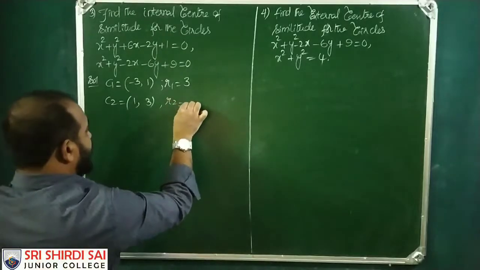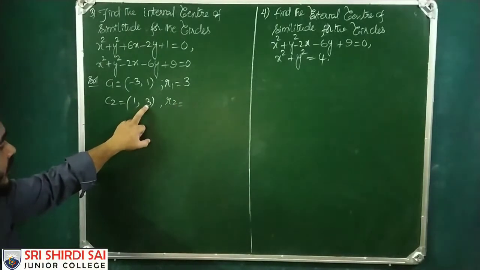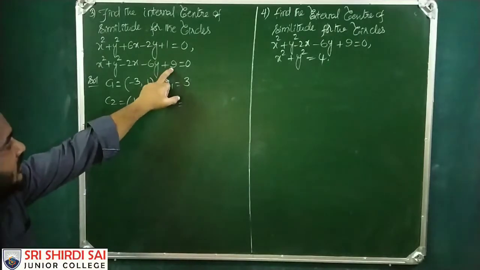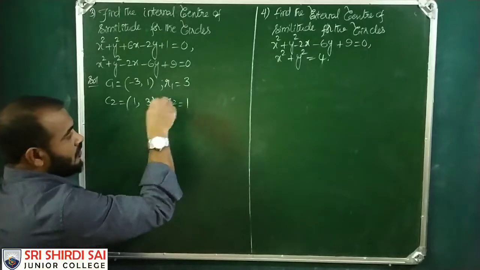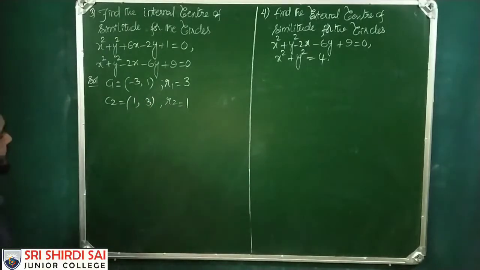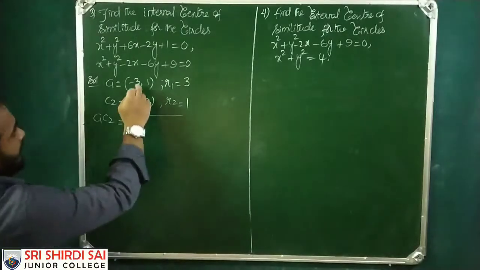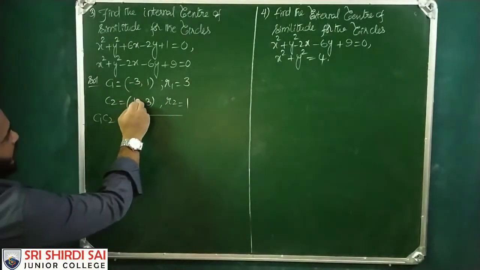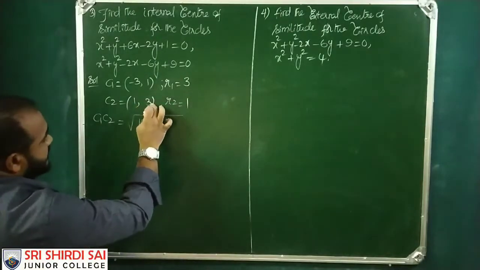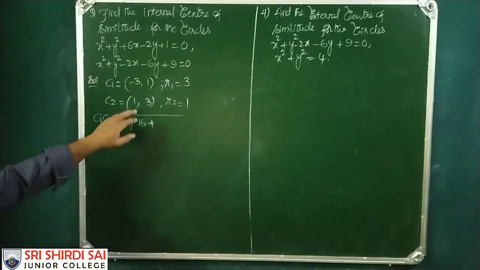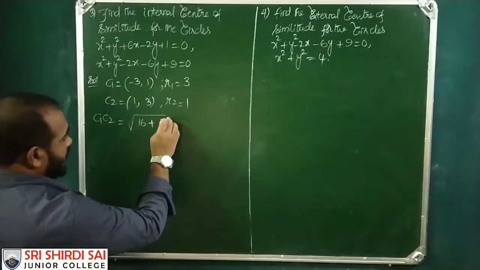R2 is equal to the square root of 1 square plus 3 square, so 10 minus 9 under root. So root 1 is 1. Now C1C2 is equal to the square root of (-3 - 1) whole square, that is minus 4 whole square, 16, plus (1 - 3) whole square, minus 2 whole square, that is 4.